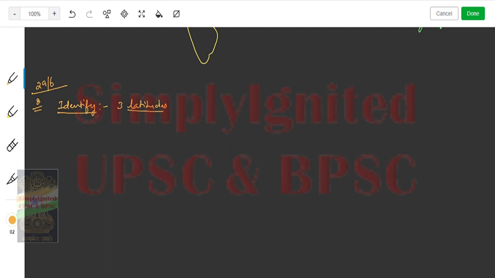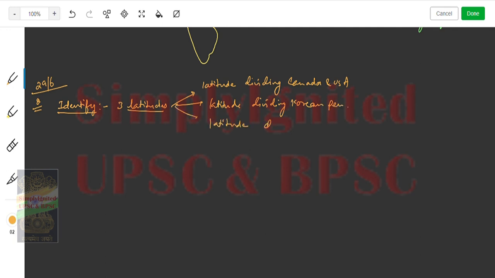Okay, to identify the latitude dividing Canada and USA, the latitude dividing the Korean Peninsula, and the latitude dividing the Andaman and Nicobar Islands. So these are the 3 latitudes you need to identify. So comment it down, and I'll give you the answer for this tomorrow.